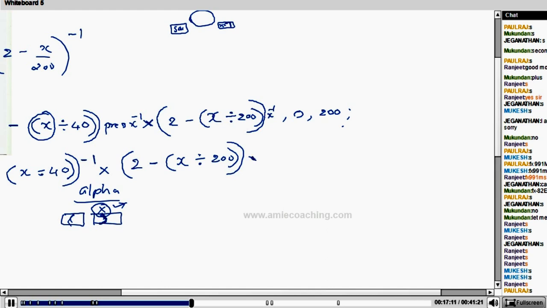That means simply press x raised to minus 1, so you will get minus 1. Do it. 2 minus x divided by 200, minus 1, 200.